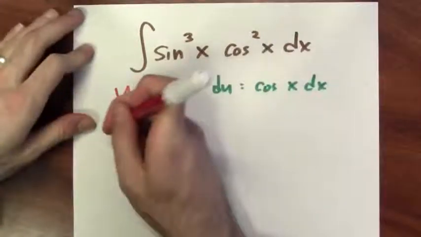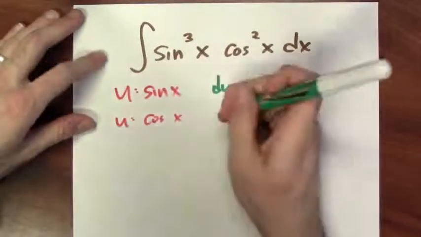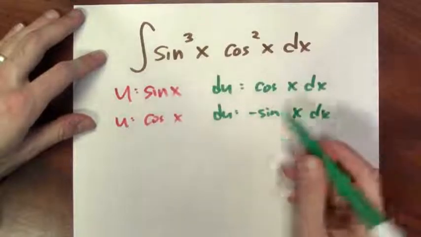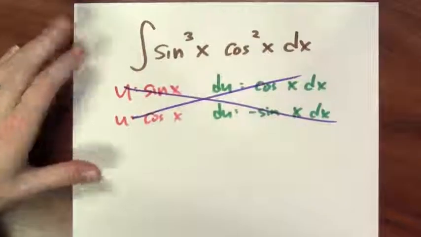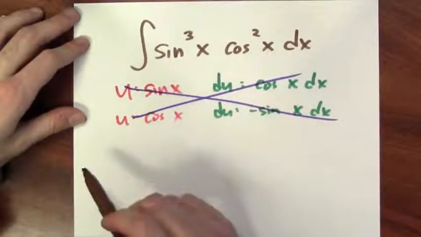If I made a different substitution, like u equals cosine x, then du would be minus sine x dx, but then I've got a sine cubed term to deal with. So instead of making a substitution immediately, I'm going to trade a pair of sines for a pair of cosines.